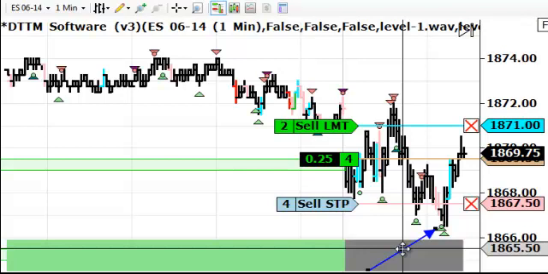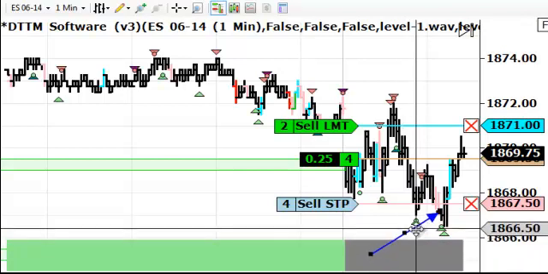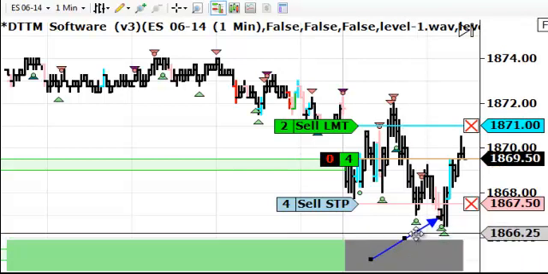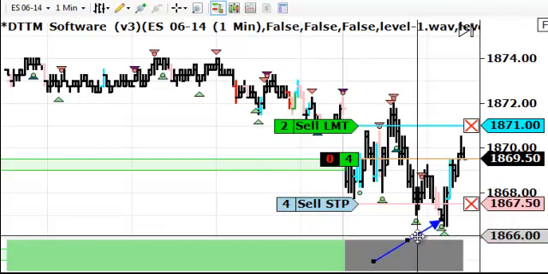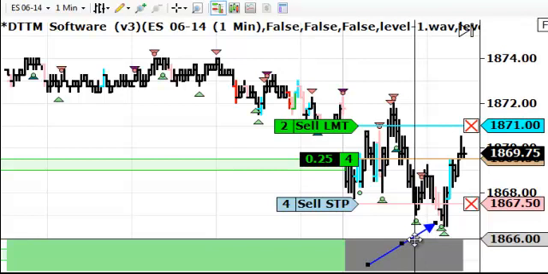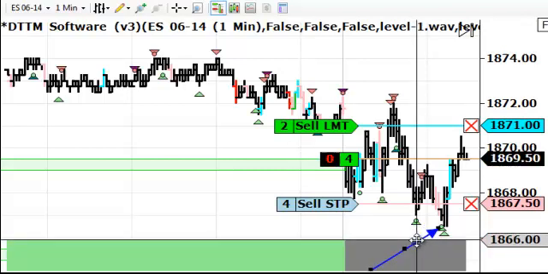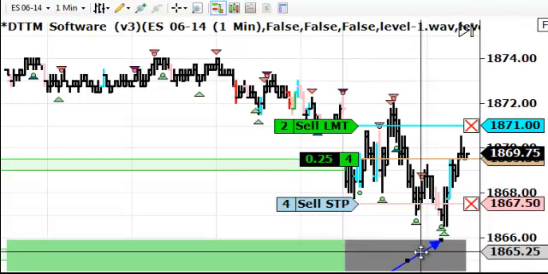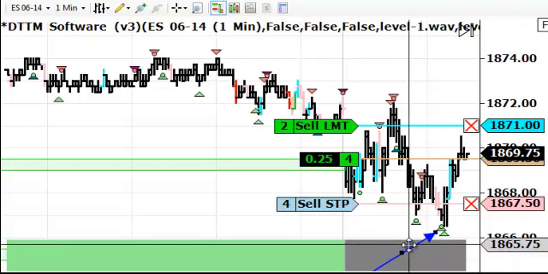I would know that because this little bar right here took out its previous bar's low. So we would classify that as a selling bar, not because of where it closed, but because of its relationship with its previous bar. Then the next bar came in and decelerated.